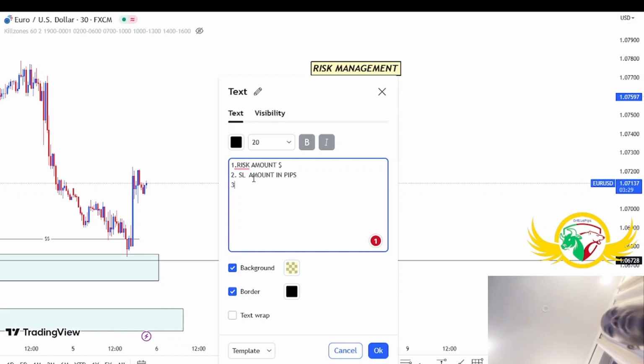is to know there is a formula that is used for calculating the PIP value.